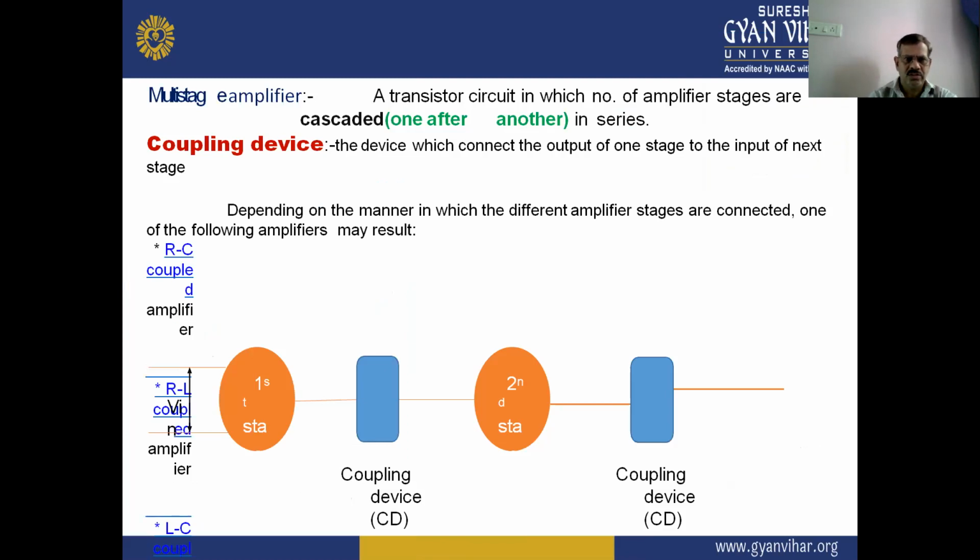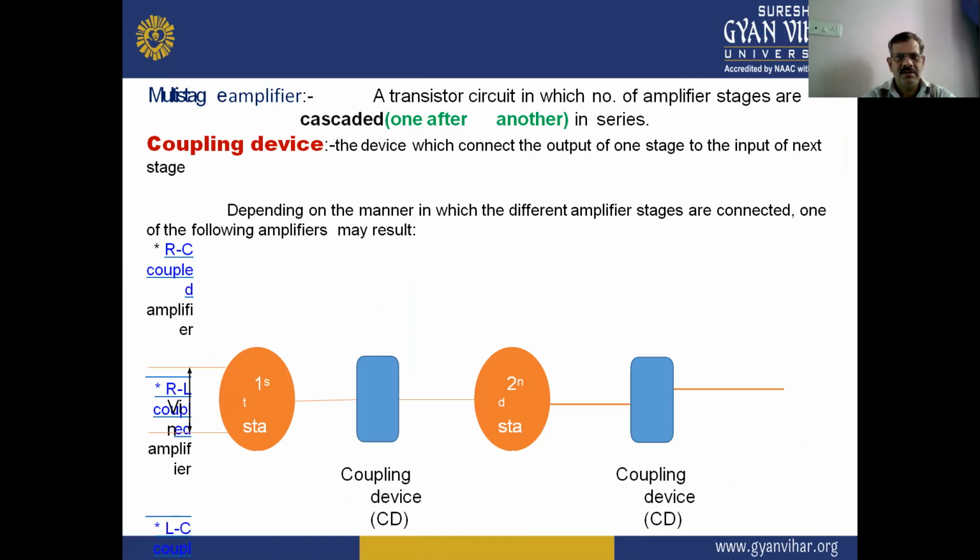So a multi-stage amplifier is a transistor circuit in which a number of amplifier stages are cascaded one after another in series.